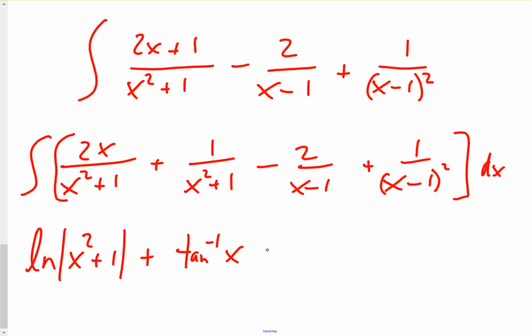Okay, and then here this will be minus 2 times natural log of x minus 1. And then here I could integrate this regularly, this will just be minus 1 over x minus 1.